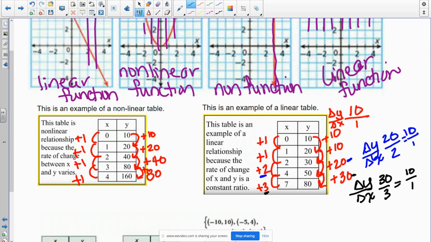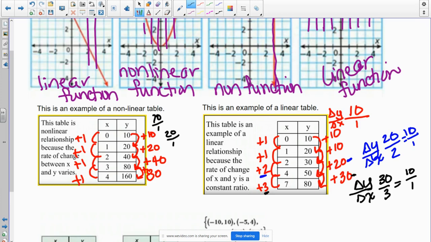So in this case, again, it was changing 10 y's to every 1 x. Over here, if I just go back, this is the change of 10 to 1. This one's a change of 20 to 1. So right away, I can tell that this is not going to be the same constant rate.